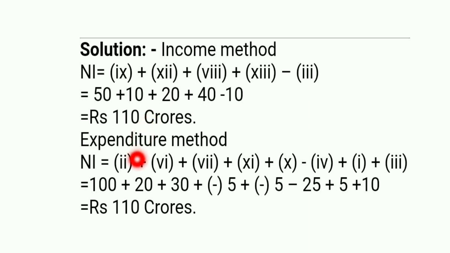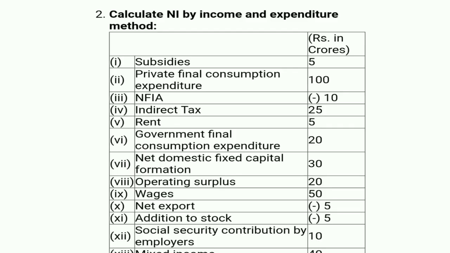And then by expenditure method, what we did, we first of all added private final consumption expenditure to government final consumption expenditure to net domestic fixed capital formation to change in stock to net exports in order to reach net domestic product at market price. And then in order to reach national income, that is NNP at factor cost, what we did, we first of all added NFIA to it.